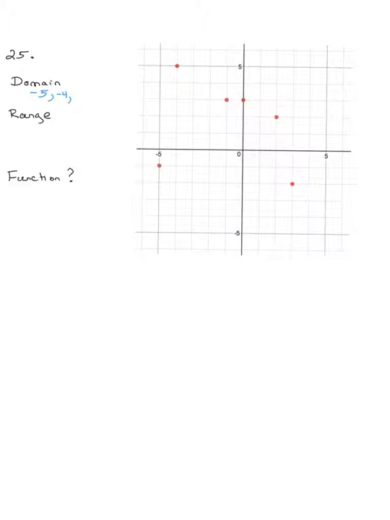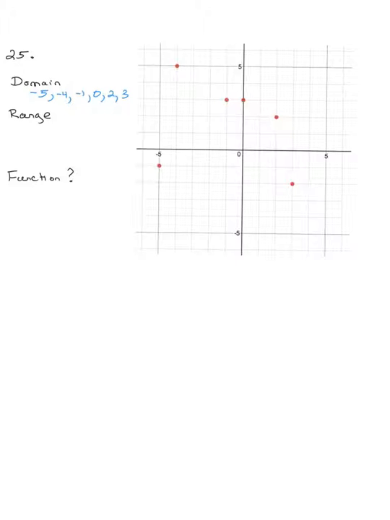I get that too. This x value is 0. This x value is 2. And this x value is 3. That's it. Just looking at your points and recording what the x values are.